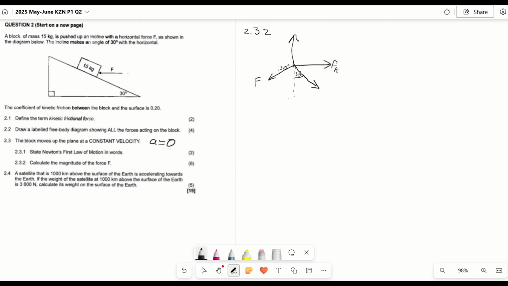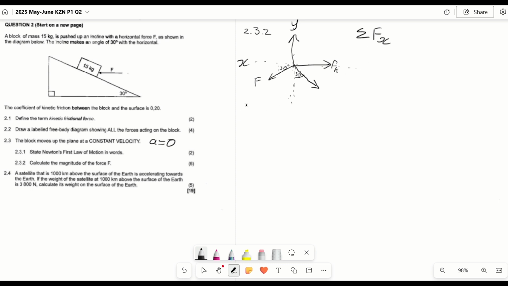Okay, so let's analyze the sum of the forces in the x direction. Now, remember we're using this plane, the plane of movement, as our x-plane, and the perpendicular plane to the surface as our y-plane.